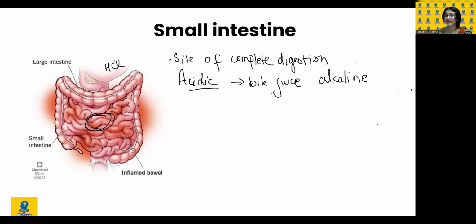So the bile juice will convert the acidic food into alkaline nature. The juices from the liver and pancreas will come to the small intestine. First, the bile juice will make it alkaline, and then again, bile juice will act on the fats.